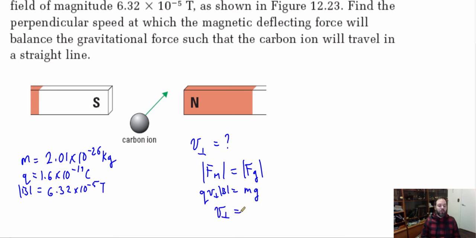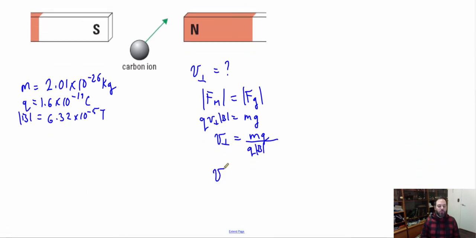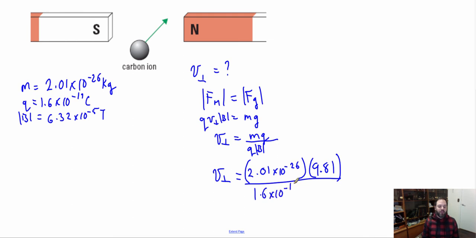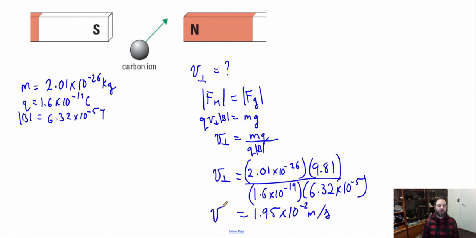So the perpendicular velocity is equal to mass times gravity divided by magnetic field times the charge, which will end up giving me 2.01 times 10 to the negative 26 multiplied by 9.81 divided by 6.32 times 10 to the negative 5 multiplied by 1.6 times 10 to the negative 19 coulombs, which will give me a total velocity of 1.95 times 10 to the negative 2 meters per second into the page.